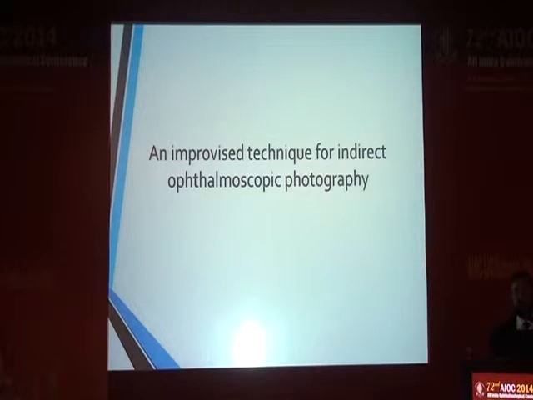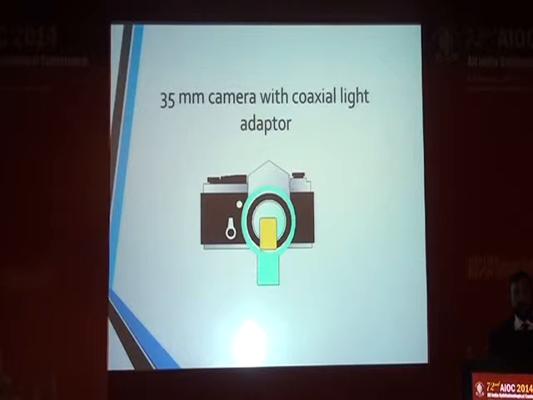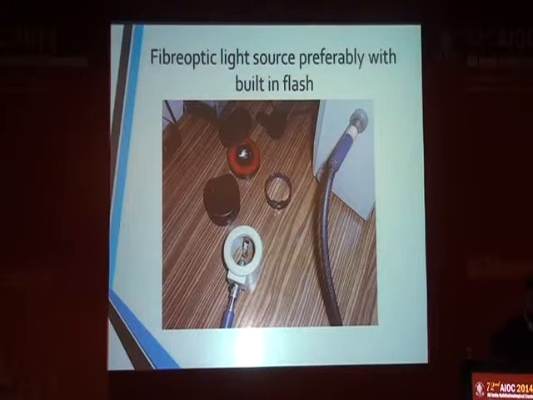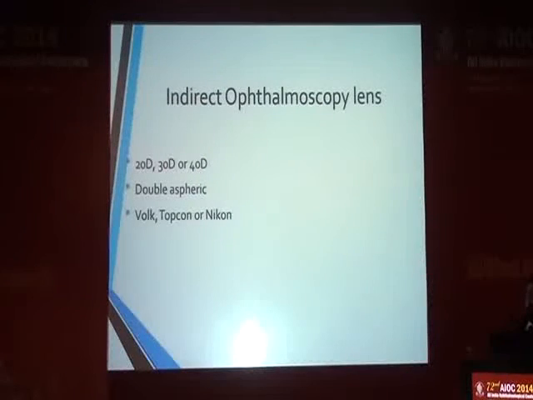And there are some other methods also for the posterior segment, like you have to have a 35mm camera with a coaxial light adapter. This is the adapter attached to the light source, and you have these indirect ophthalmoscope lenses, 20D, 30D, 40D.